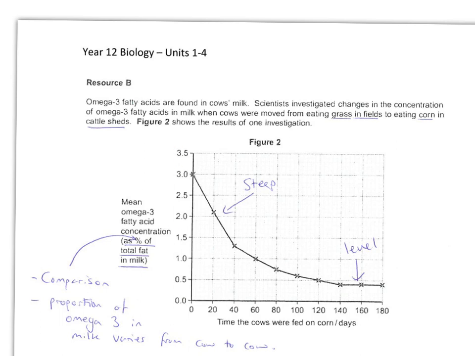You can't say that, because that would imply you've got a linear, proportional decrease, which you don't. So if you're going to describe this graph, you'd say you have a steep decrease up to 40 days, and then a gradual decrease, which then levels off after 140 days.